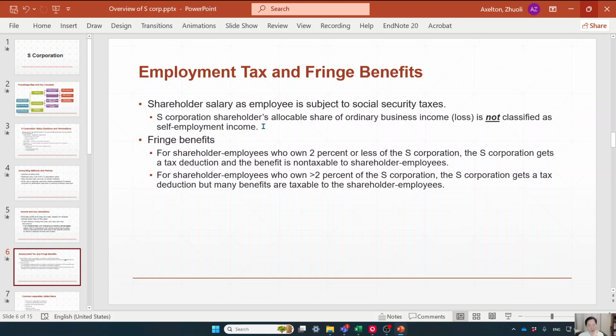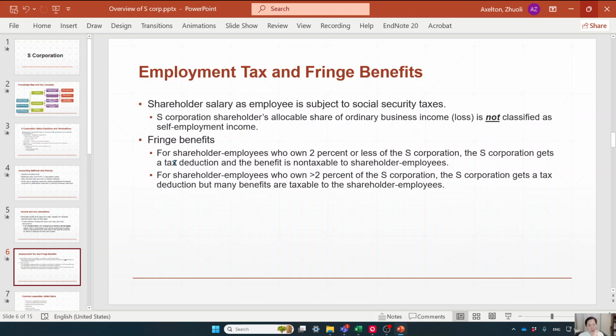So this is very different from the partner's allocable share of ordinary income or loss, because at that point, the allocable share of ordinary income or loss is treated as self-employment income and will be subject to the self-employment tax.